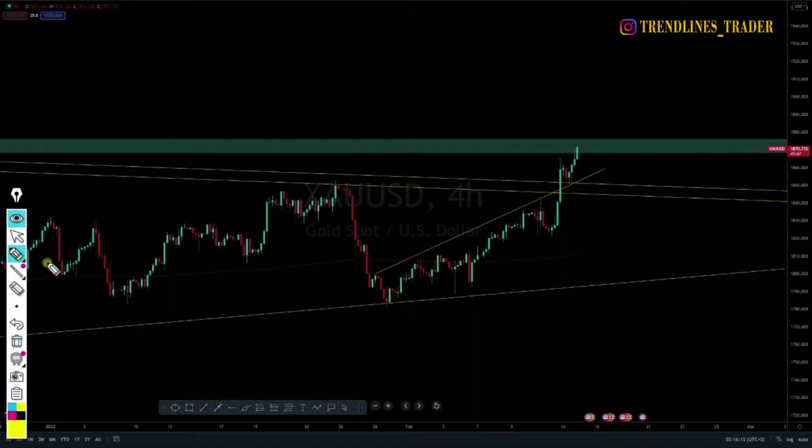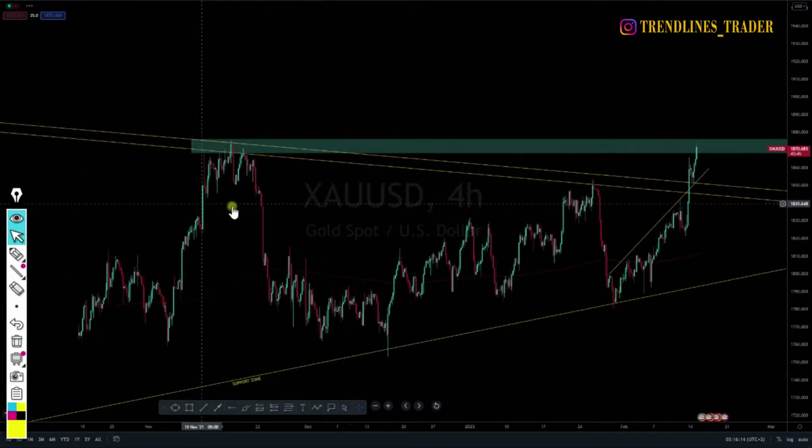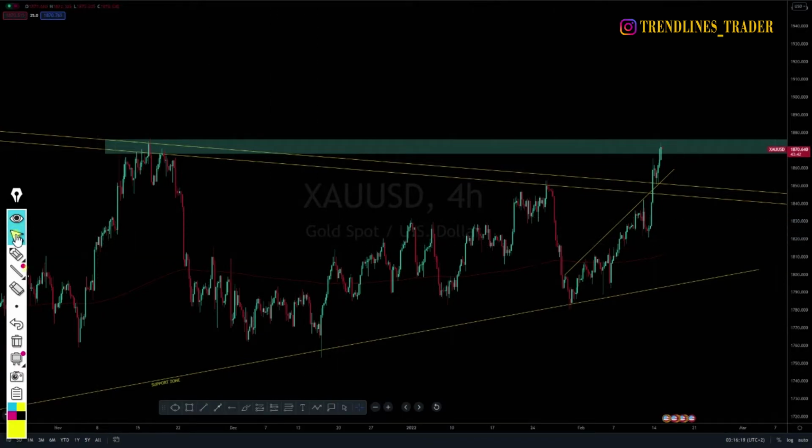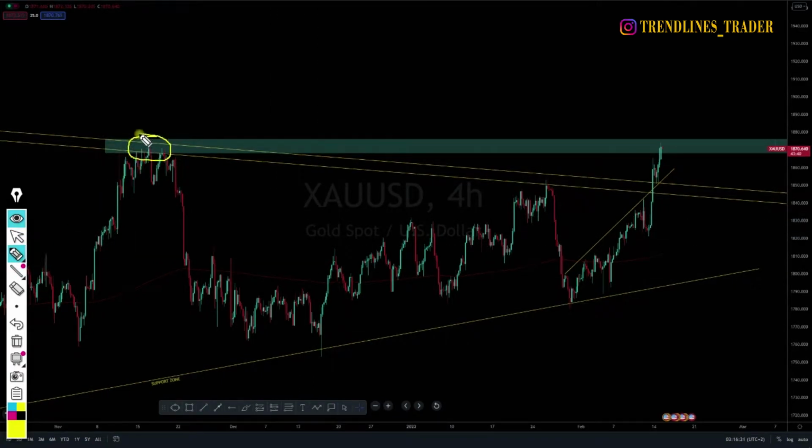I hope you can see that we are having this beautiful structure where it's the highest point now. What we can do for now, let's not jump into the market. Let's wait and see if the market respects this area and pushes high, or respects the area to push down.